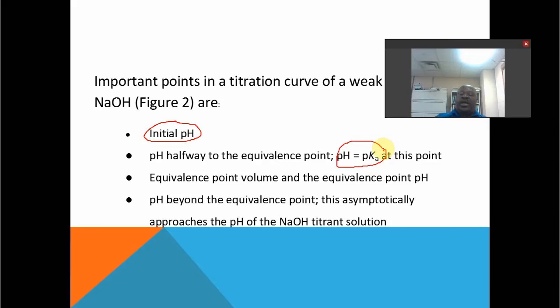So this is sort of the standard way to figure out the Ka. You look at the pH corresponding to the point halfway to the equivalence point. And then, if you know the equivalence point volume, you can find the equivalence point pH.